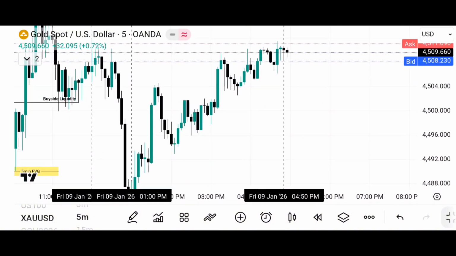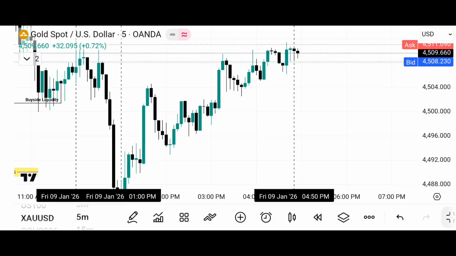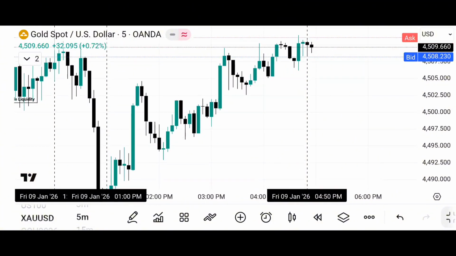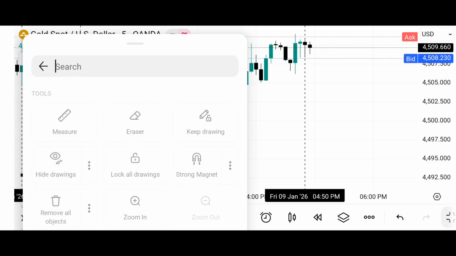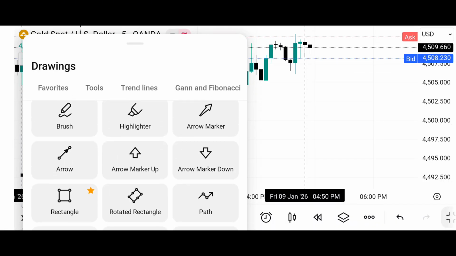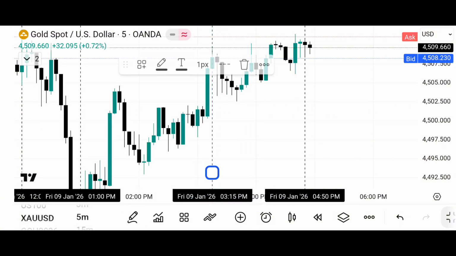So what are the specific times for the New York PM session macro? These are 3:15 p.m., 3:30, 3:45, and 4 o'clock. So I'll mark out those times here, and you see how price reacted with them at those particular times. So 3:15, this is 3:15.